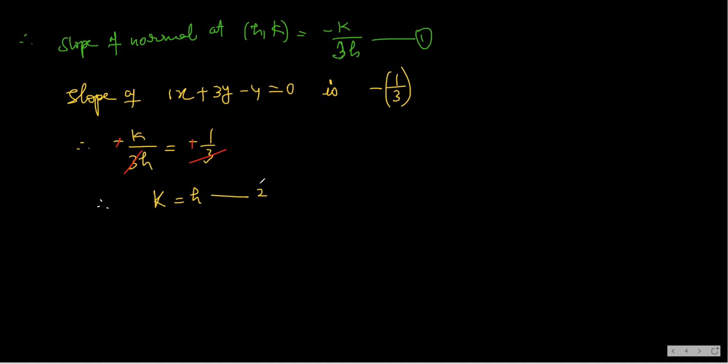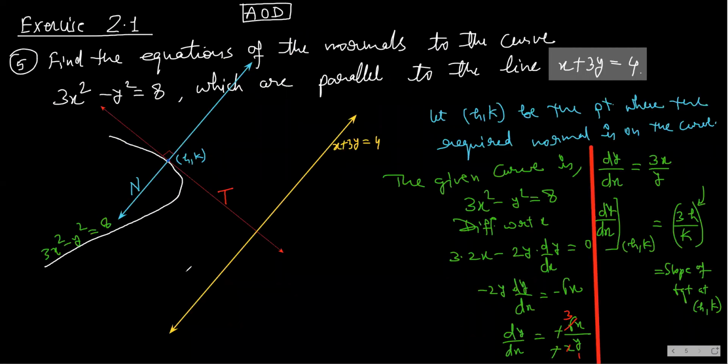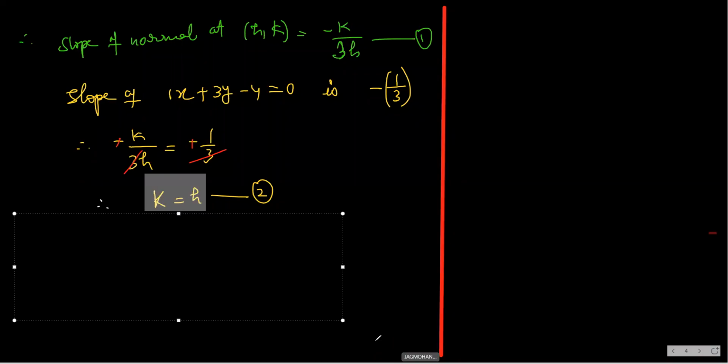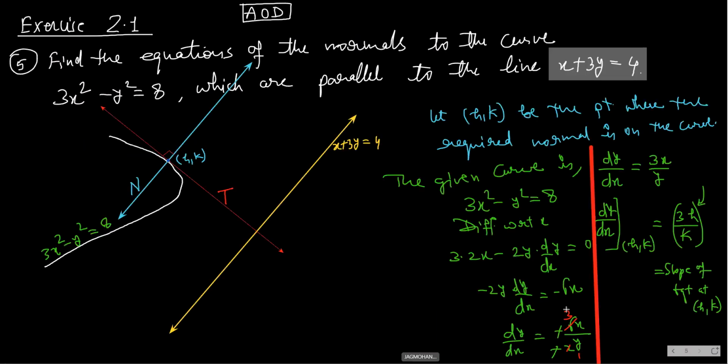Okay. If I get one more equation in h and k, I'll be able to solve the problem. So here we have got one equation in h and k. For the second equation in h and k, we will say that the point h comma k lies on the curve.